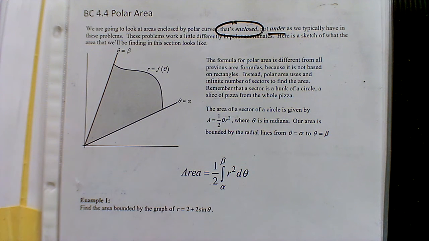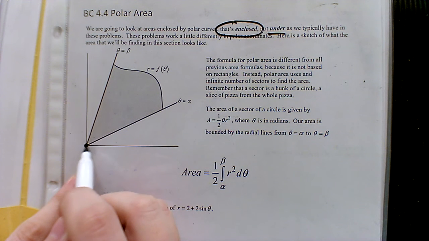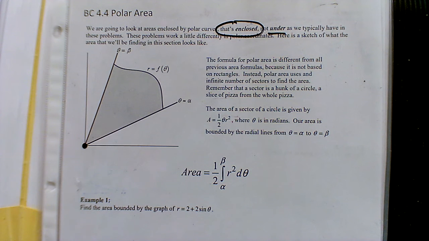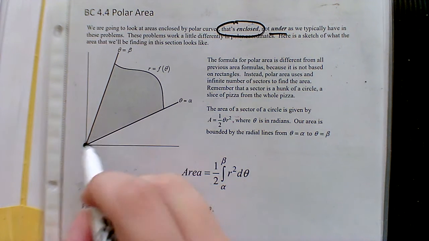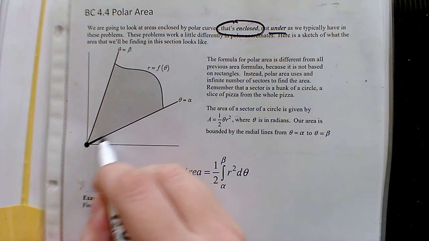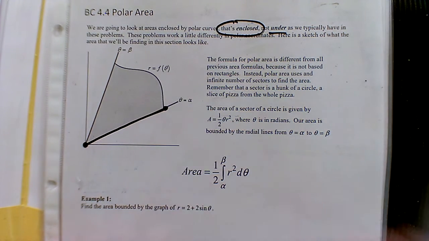Because whenever we talked about how we graph polar functions, remember how you can imagine standing at the pole and then you rotate some angle, which is where you're facing at that point, and then you walk out some distance.